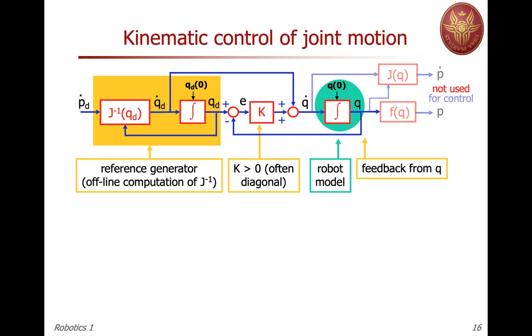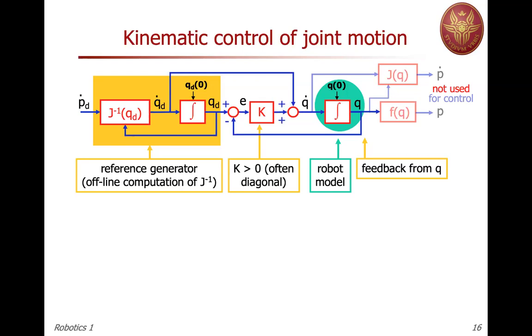And in this integration, of course, we need to initialize the desired position, and then we continuously generate this. This can be done offline or even online if the desired velocity is something in the Cartesian space that we don't know in advance, but we generate from sensor data.